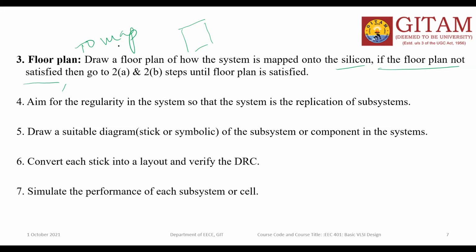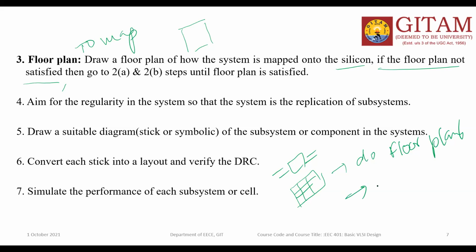Okay. The first step is to check how many inputs and outputs are required for your design. Second one is what? The entire system is divided into subsystems, and establish the communication paths between the subsystems. And the third one is to estimate the floor planning. Do the floor planning. So the next step is what?